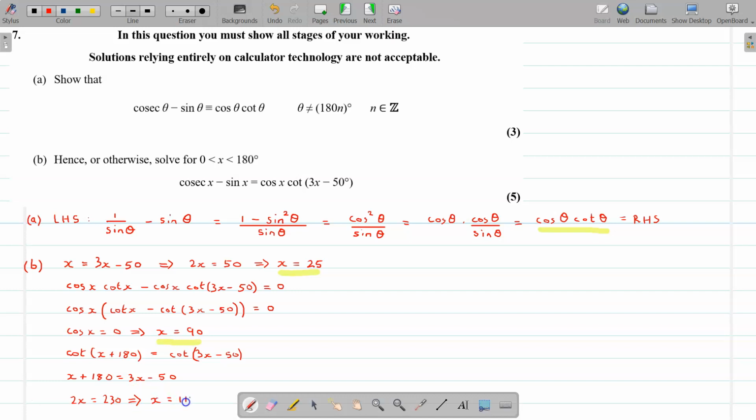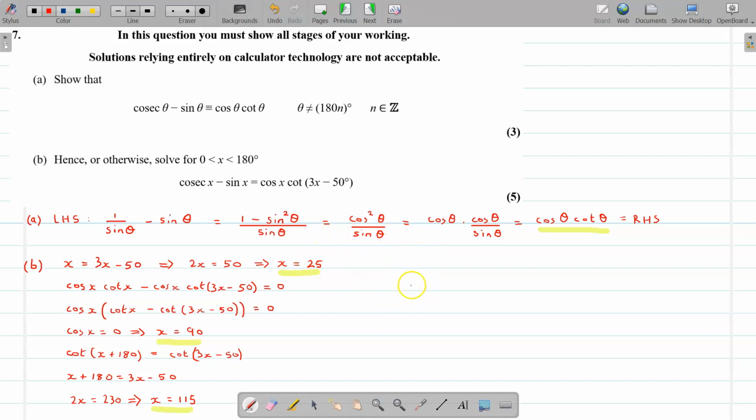Okay, 115 degrees. So what I've done is I've actually found three solutions, and there are three solutions. And if you did put that on your graphic calculator, looked at it between 0 and 180, you would see those three places where this equation is solved.